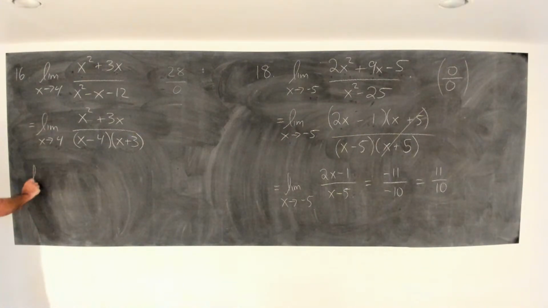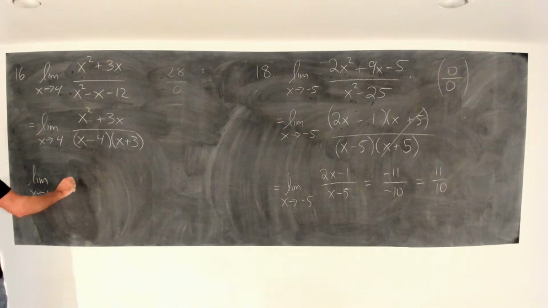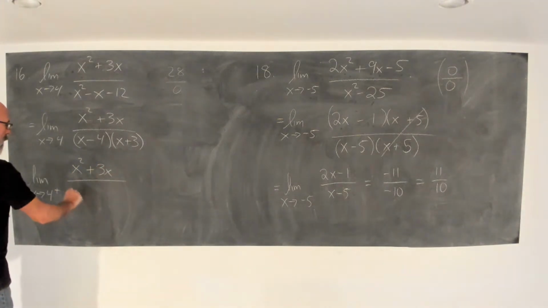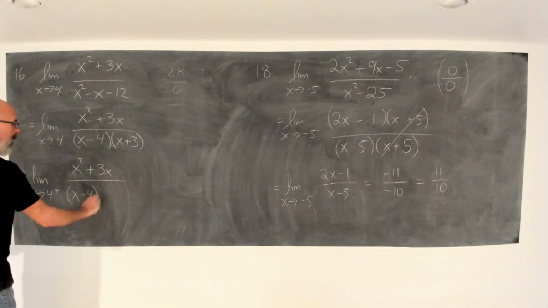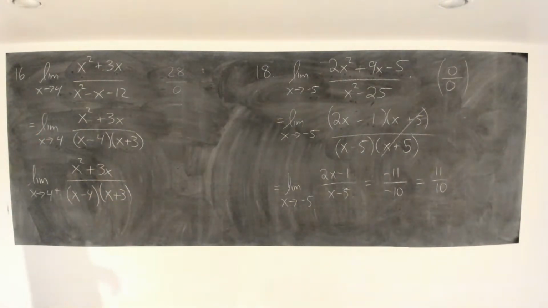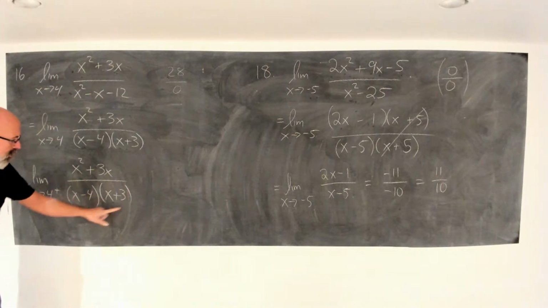How are we going to treat that? We're going to consider the limit from the left and the limit from the right, so that there's no ambiguity. For values close to 4, the numerator is close to 28. This is close to 7.